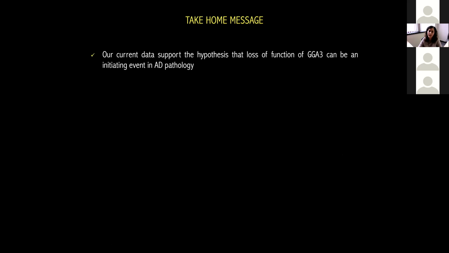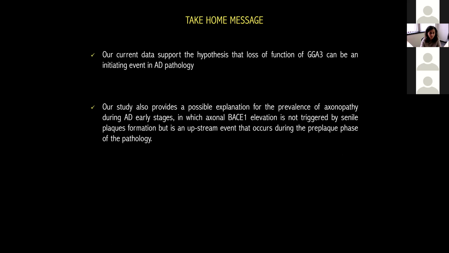We strongly believe, just to conclude, that our study and our data support the hypothesis that loss of function of Gga3 can be an initiating event in AD pathophysiology. We also have data that give a possible explanation for the prevalence of axonopathy during AD early stages, in which axonal BACE elevation is not a consequence of A beta extracellular accumulation and plaque formation, but is an earlier and upstream event that occurs during the pre-plaque phase of the pathology.